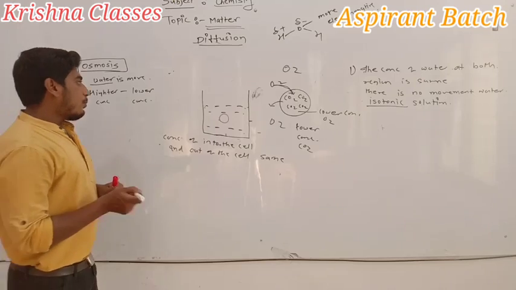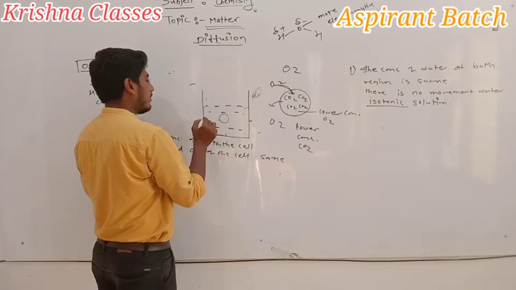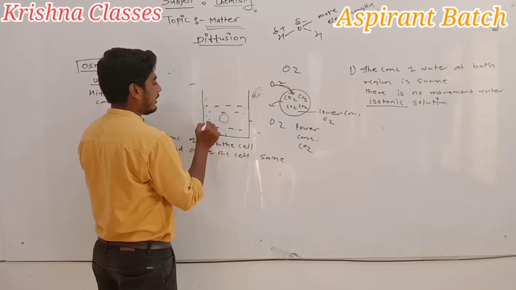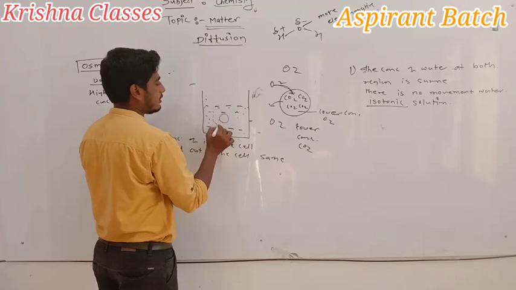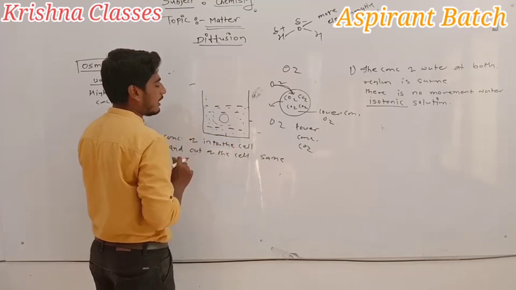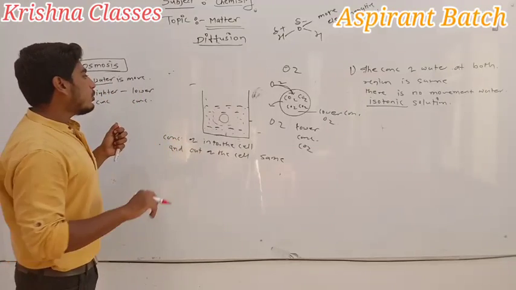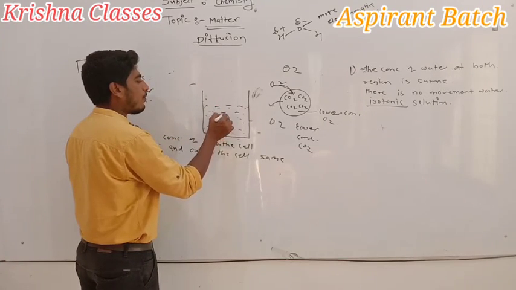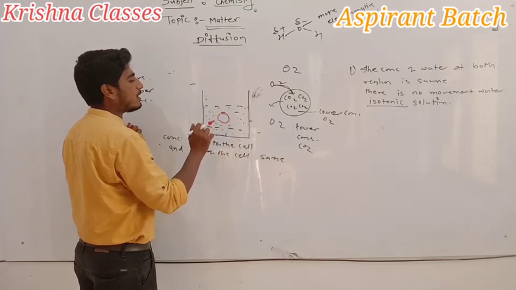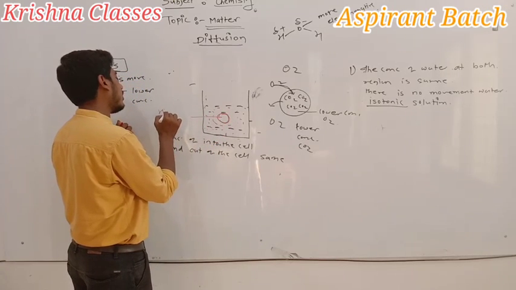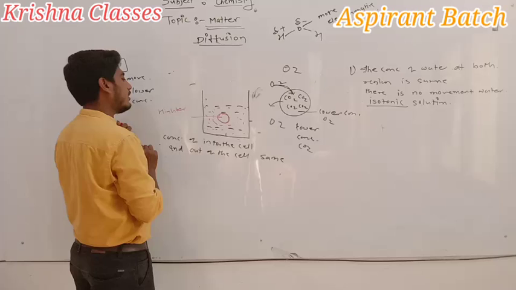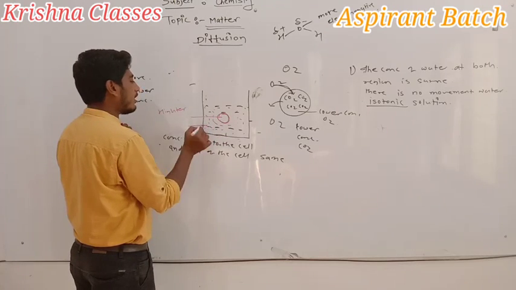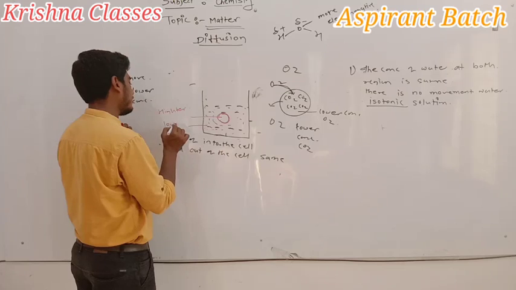Then put some salt into the water. Here the salt is added into the water. Then what happens here? Due to the addition of salt, the concentration of water in the cell is higher, and the concentration of water outside of the cell is lower.